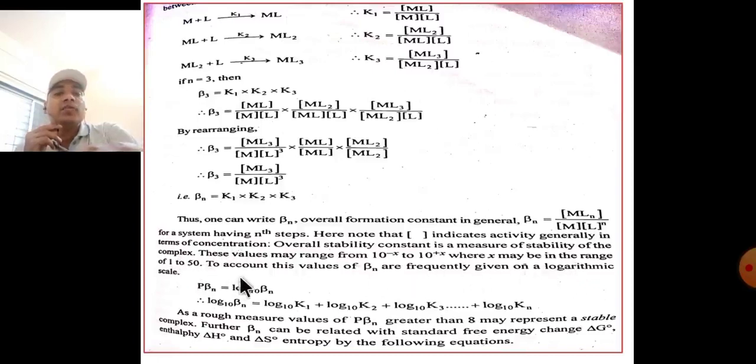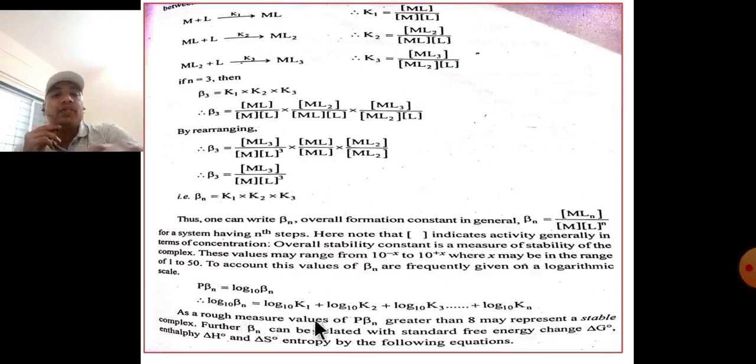To account for this, values of βn are frequently given on a logarithm scale. pβn is equal to log base 10 of βn. Therefore, log10 βn is equal to log10 K1 plus log10 K2 plus log10 K3 up to log10 Kn.